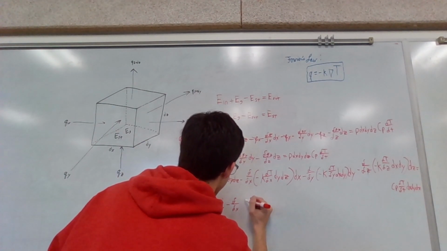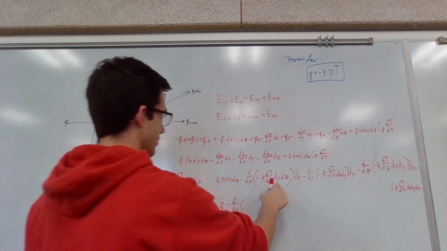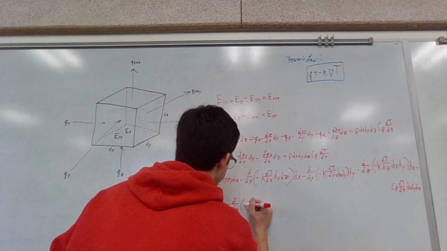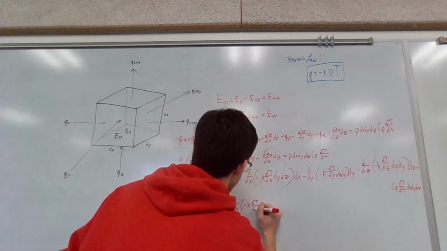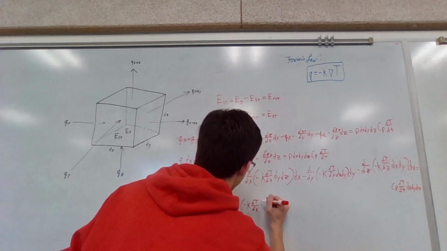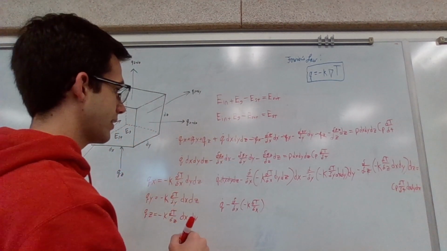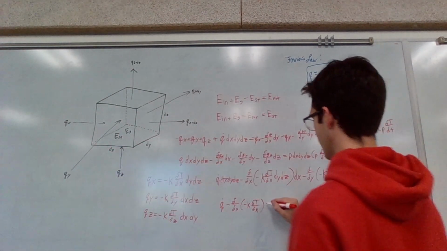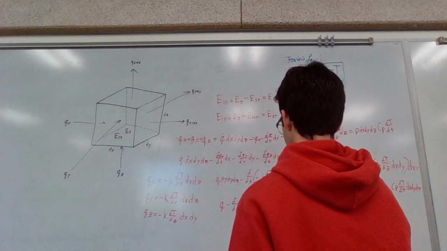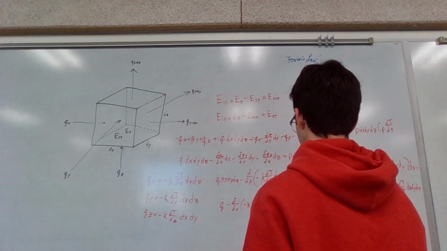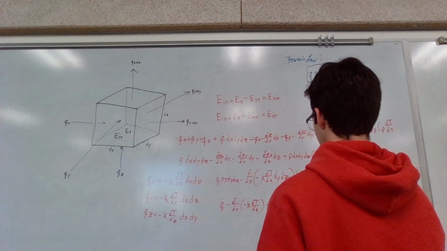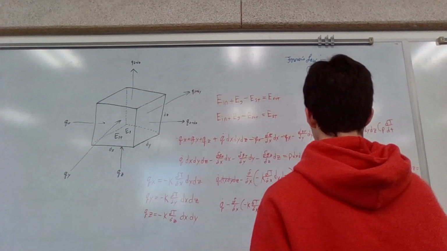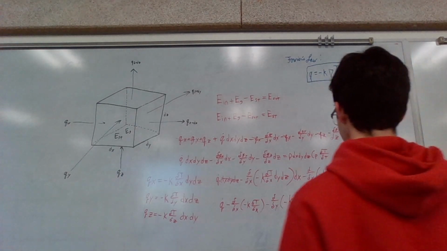minus our partial with respect to x, my dy dz dx cancel there, so this is just now a negative thermal conductivity constant with our change in temperature with x. All right, and we're going to do that for the rest of these terms here. Same thing, partial with y, negative constant, partial temperature, dx dy dz cancel.